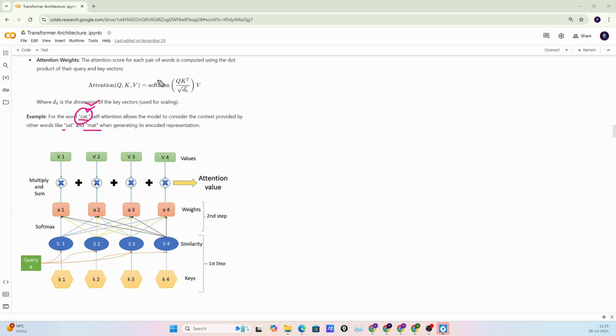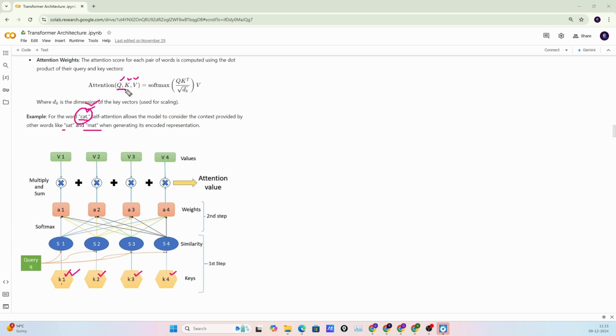As I discussed in this formula, we need the query vector, key vector and value vector. First, the key vector. Suppose this is the key vector for the word cat, this is the key vector for sat, this is for mat, and this is for another word in the sentence. So these are the vectors for those words. Then we need the query vector.